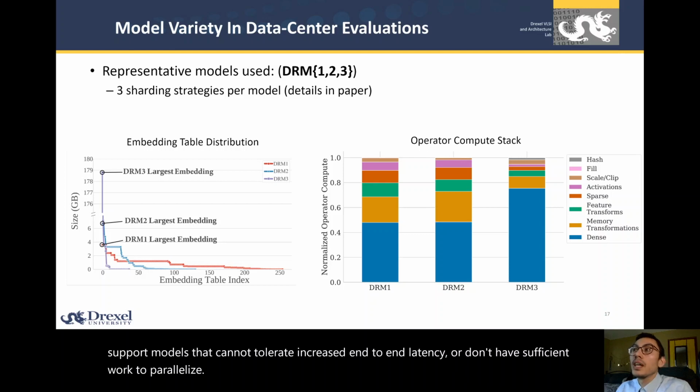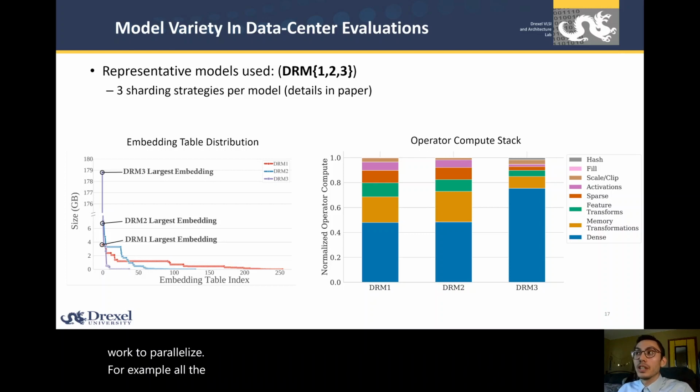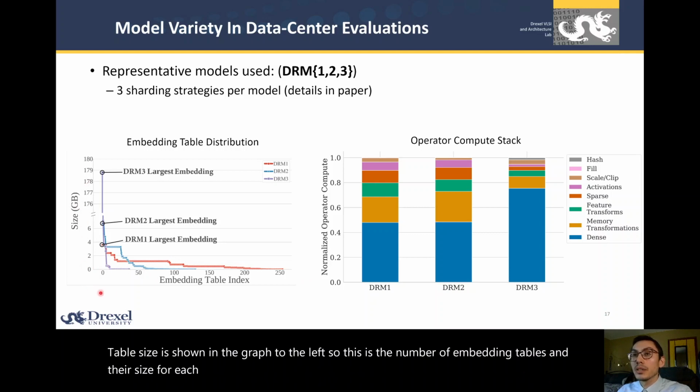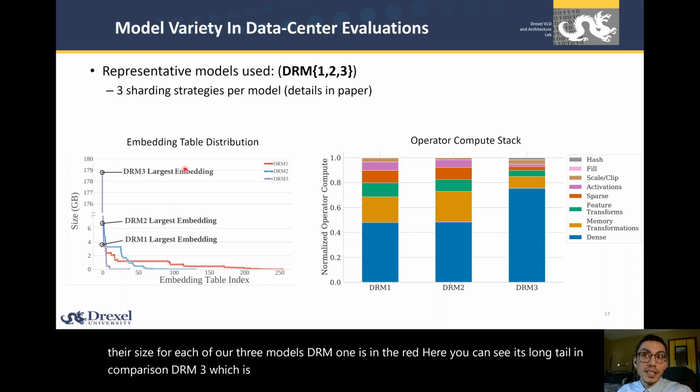For example, all the data shown so far is for DRM1, which has a long tail of embedding table sizes shown in the graph to the left. So this is the number of embedding tables and their size for each of our 3 models. DRM1 is in the red here. You can see its long tail. In comparison, DRM3, which is in purple, has far fewer embedding tables, and it's dominated by one huge embedding table.